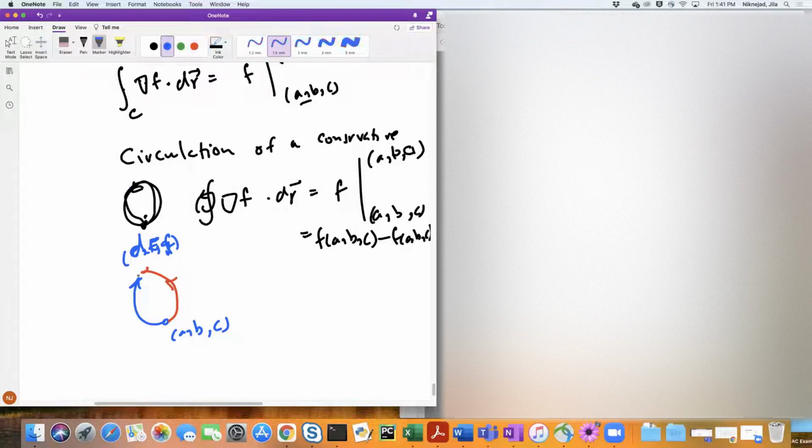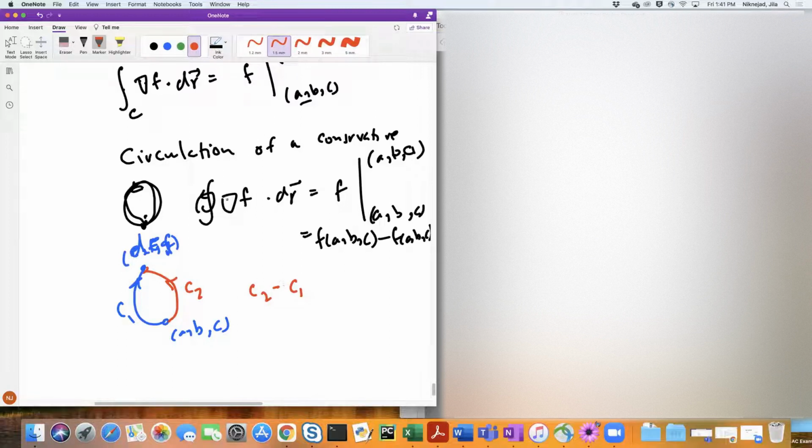If I have two paths going from one point to another point, because the two paths basically, if this is C1 and this is C2, then C2 minus C1 makes a circulation.